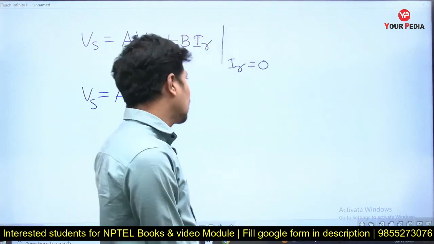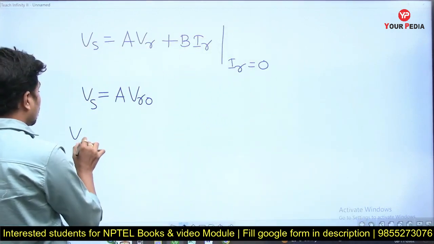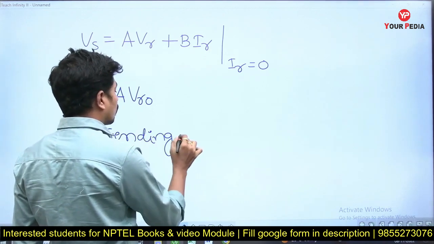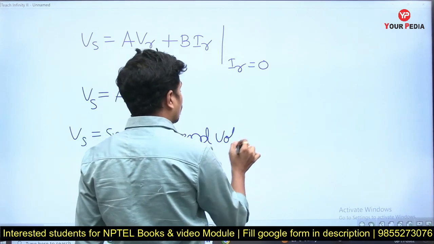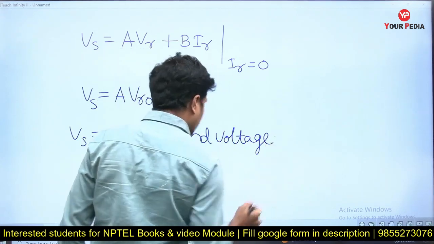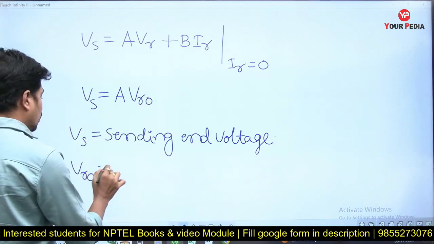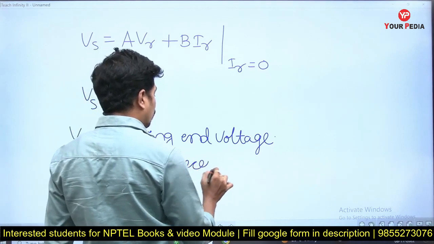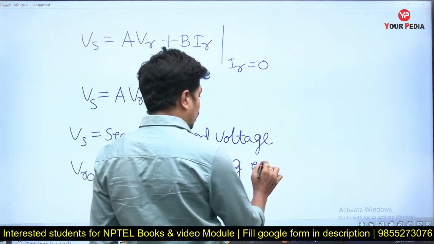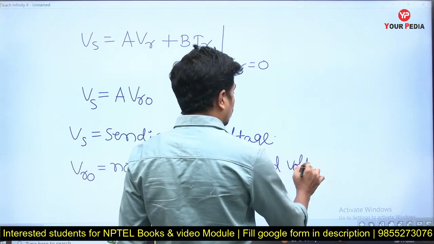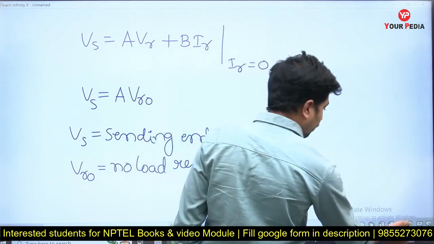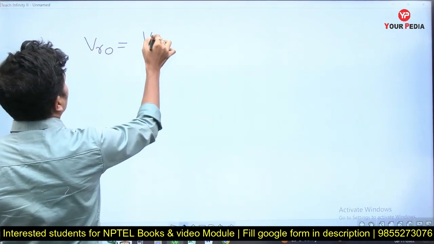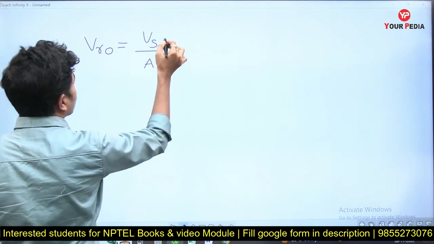Vs is the sending end voltage and VR naught is the no load receiving end voltage. Now, what is VR naught from that? VR naught is equal to Vs by A.